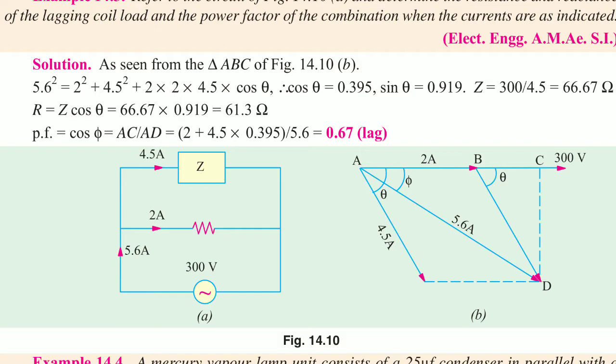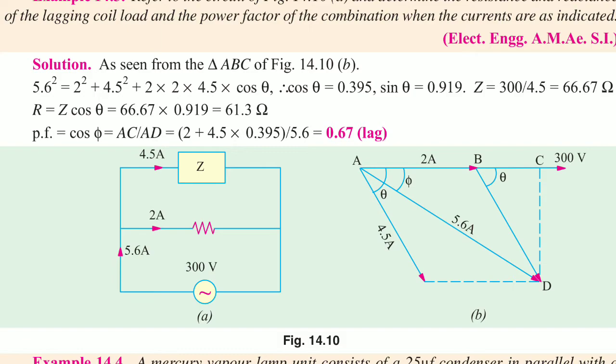Now power factor cos phi is nothing but AC by AD. Here AC is 2 amps plus 4.5 into 0.395, divided by 5.6, which results in 0.67.